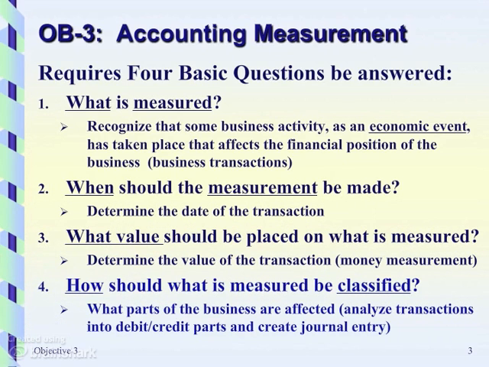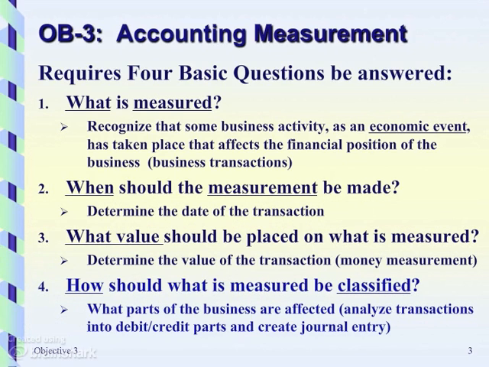Then lastly, we need to ask, how should what is measured be classified? What parts of the business are affected? This is where we analyze the transaction into its debit and credit parts, and then go about creating our journal entry. Thus far, back in the first semester, we spent a great deal of time analyzing our transactions.